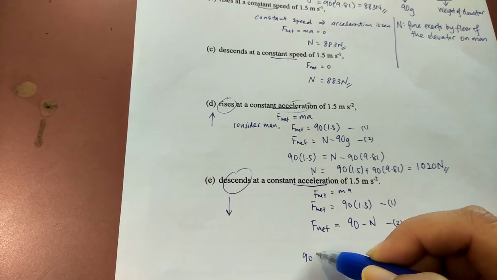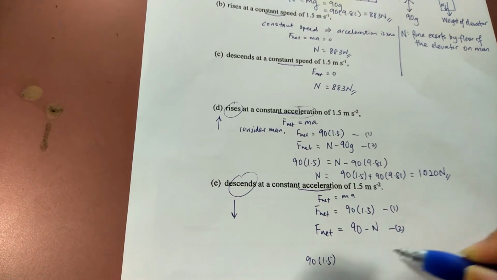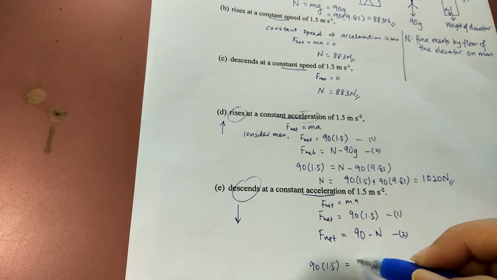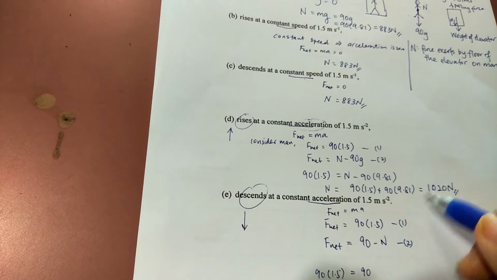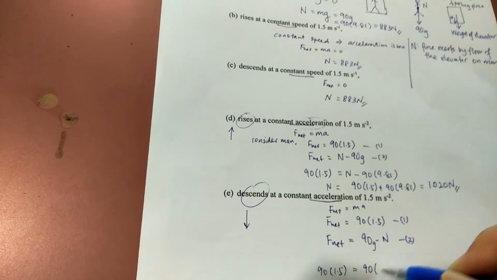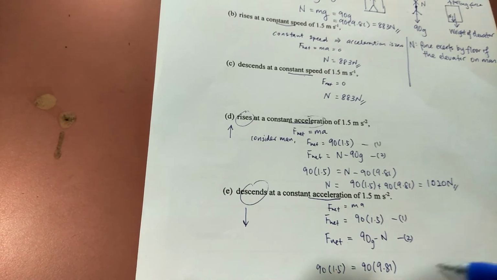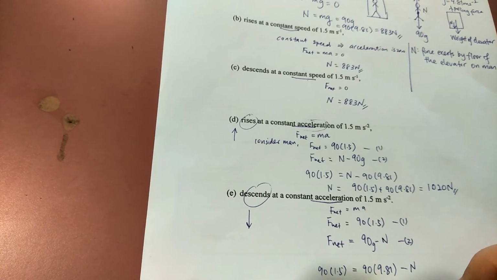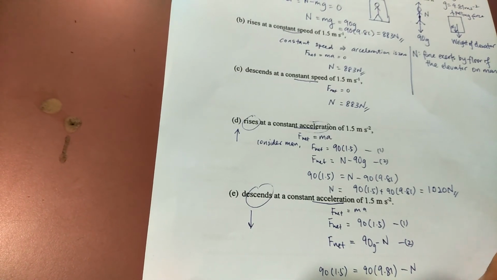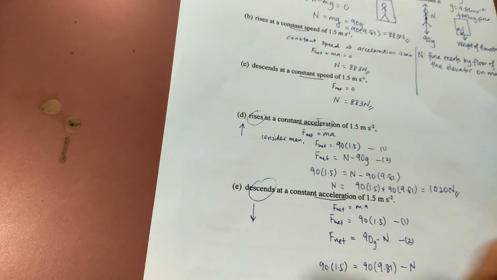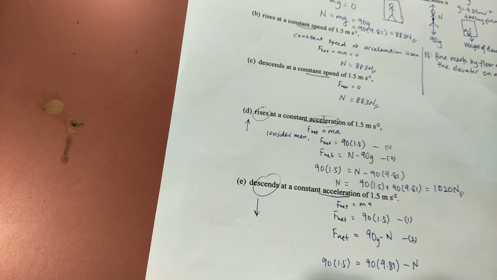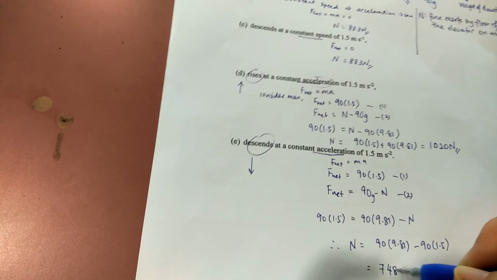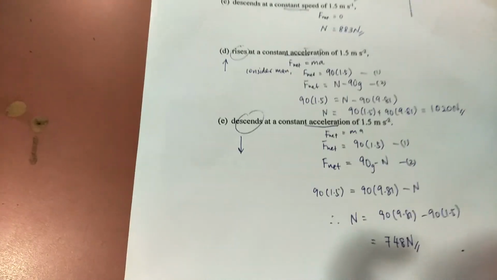So I equate both of them. Both are the resultant force on the man. So 90 times 1.5 will be equals to 90g, right? I've forgotten the g. 90 times 9.81 minus N. Therefore, N will be 90 times 9.81, we'll bring this over, minus 90 times 1.5. So the normal force here is 748 Newton.